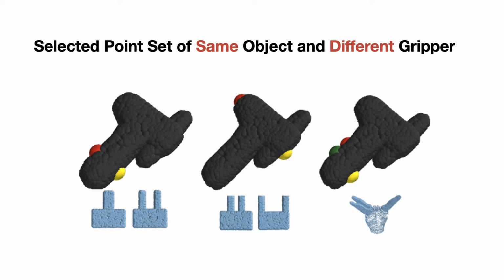The bottom shows the robot hand. Note that the left gripper could not open wide enough, and the middle gripper could not close enough. But our method is able to generate contact point sets that are adaptive to each robot hand's attributes.